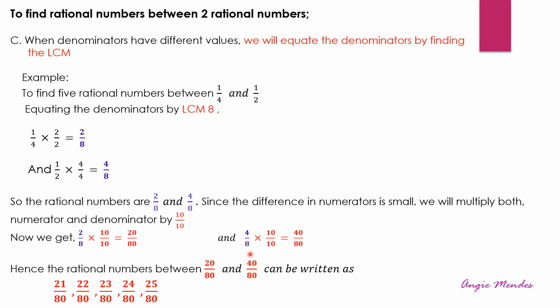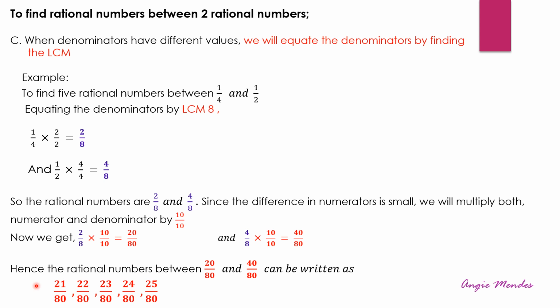And multiplying the second rational number by multiples of 10, we get 40 upon 80. Hence, the rational numbers between 20 upon 80 and 40 upon 80 can be written as 21 upon 80, 22 upon 80, 23 upon 80, 24 upon 80, and 25 upon 80.